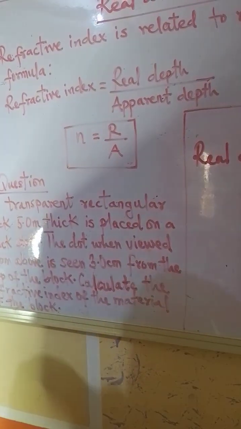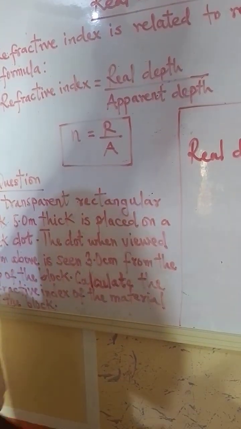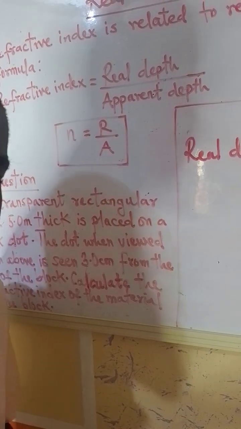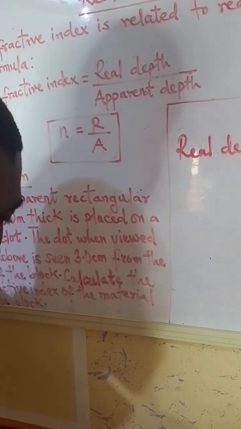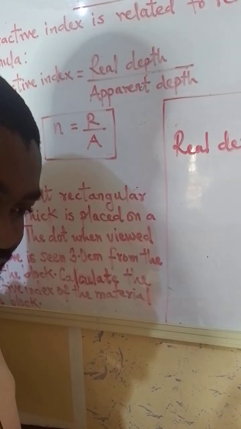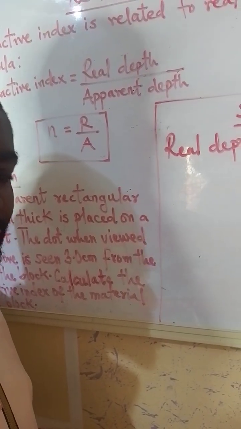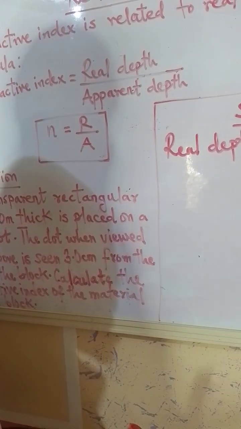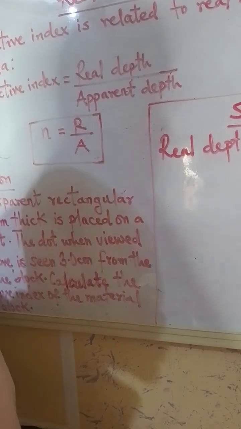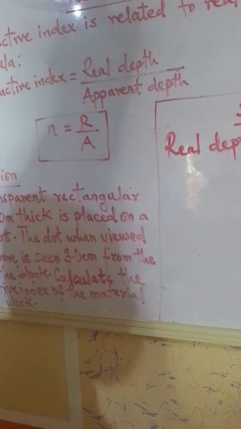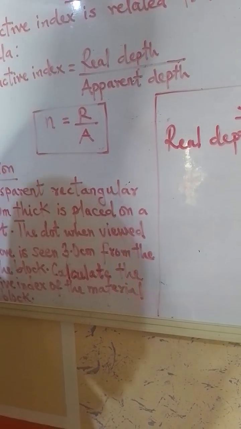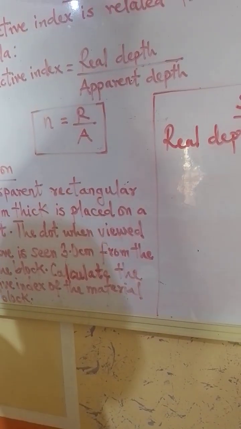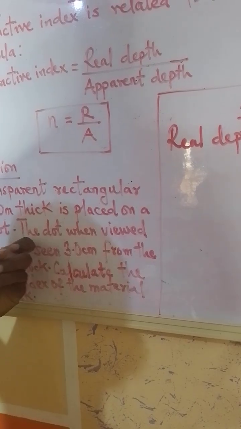It's just like when you view the surface of a swimming pool or a river, it will appear to be shallower than it really is. Except when you put one foot into it, that is when you know that, oh, this river or this swimming pool is deep. So that is talking about the apparent depth, because it appears shallower when you view it from the surface.